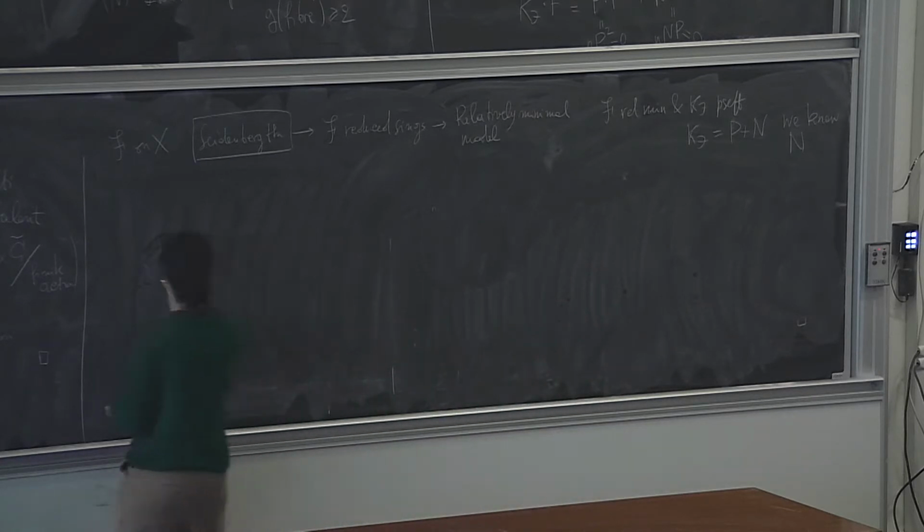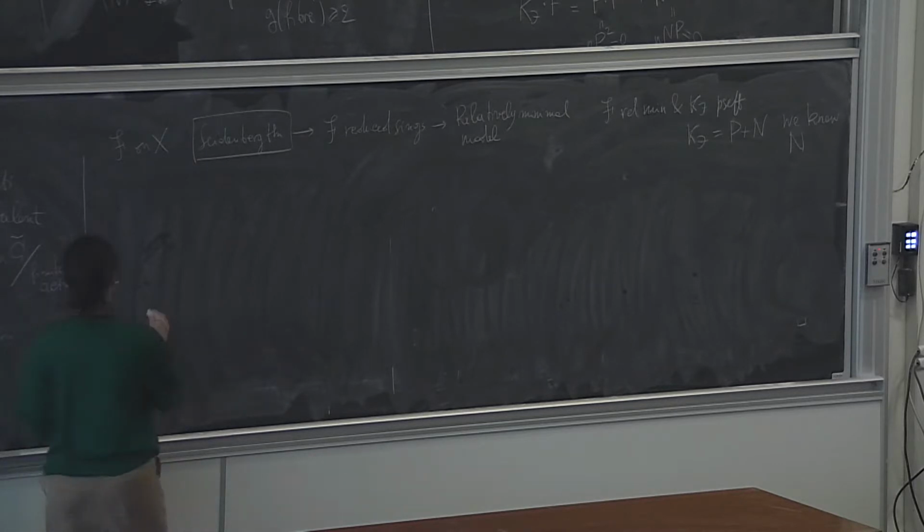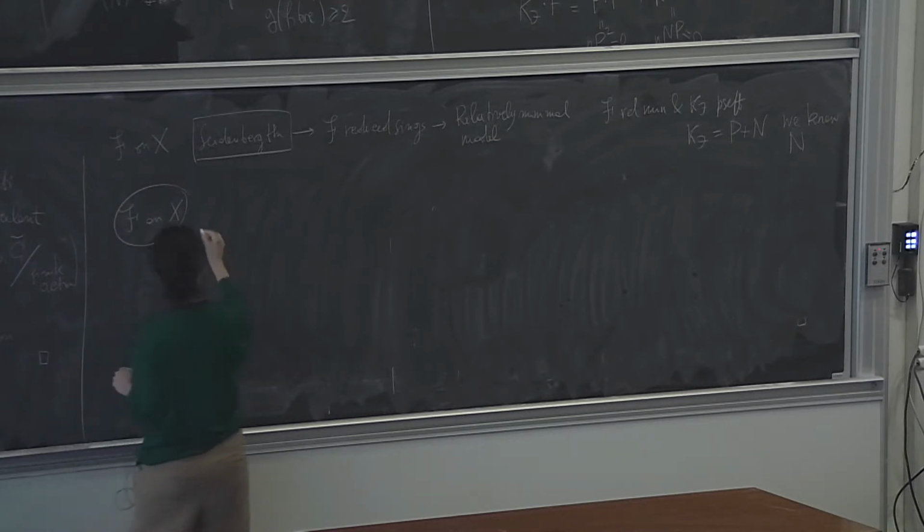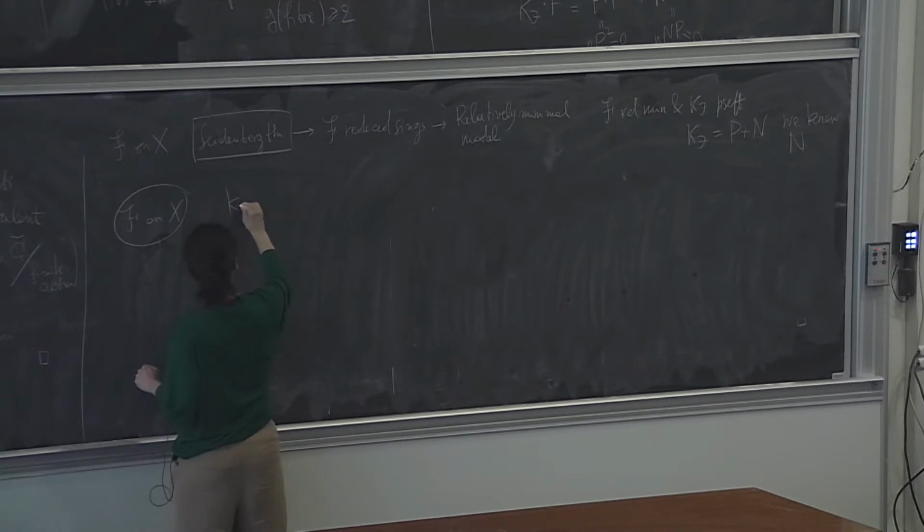So let's try to, now in these 4 days we've seen many of the possibilities. Let's try to see if we start. So we have a foliation on X, and we consider its canonical bundle.